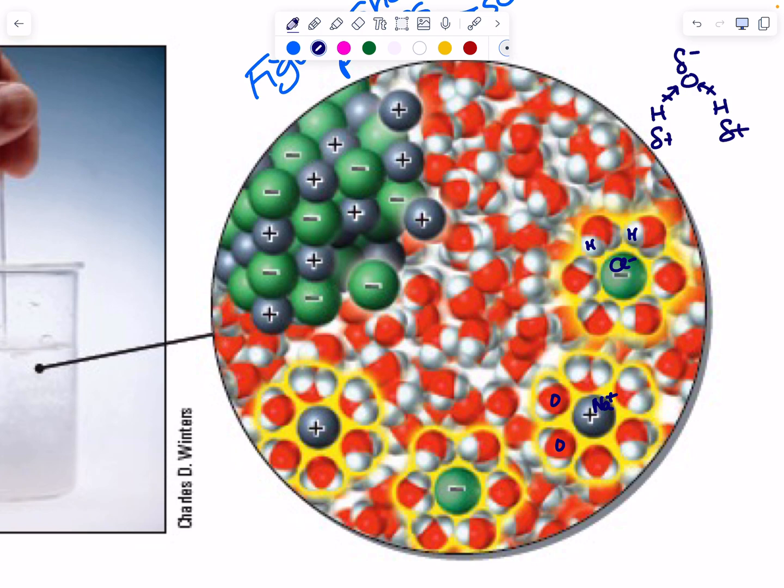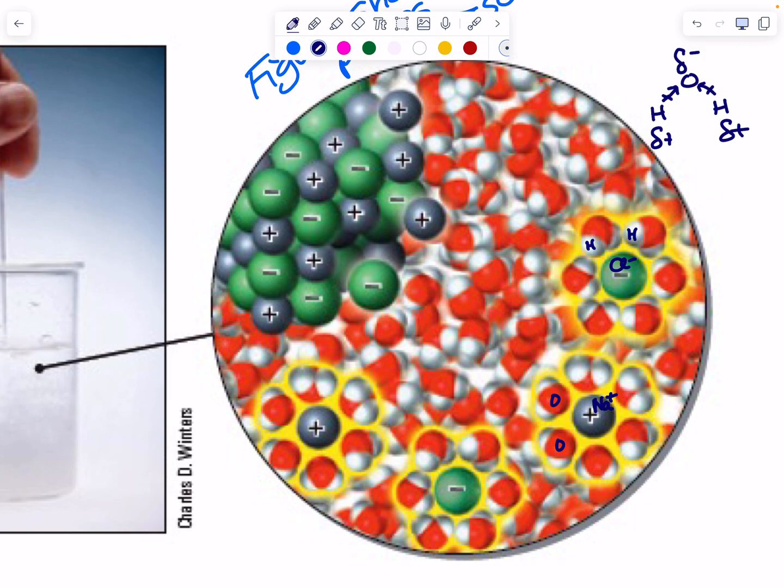So this is, first of all, one of the reasons why a lot of ionic compounds are going to dissolve in water. The water molecule acts like it has positive and negative charges, even though it's not +1, -1, it's significantly polar.